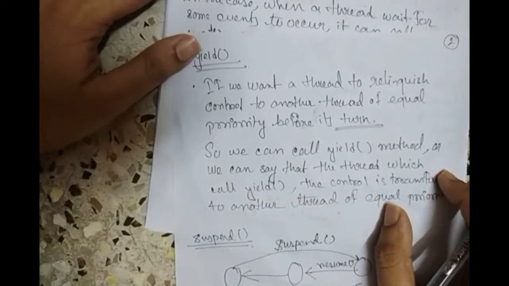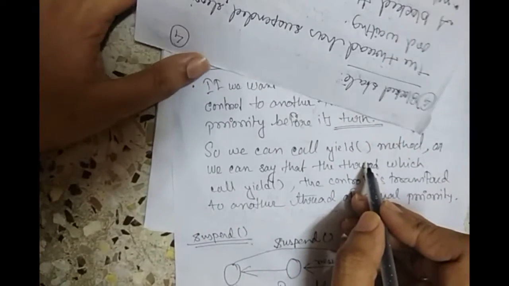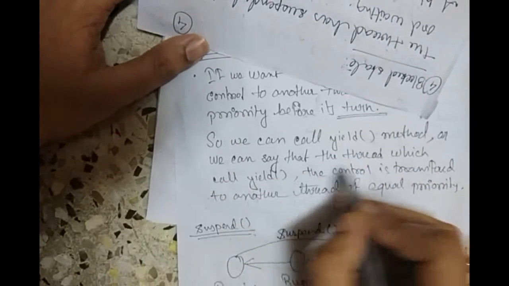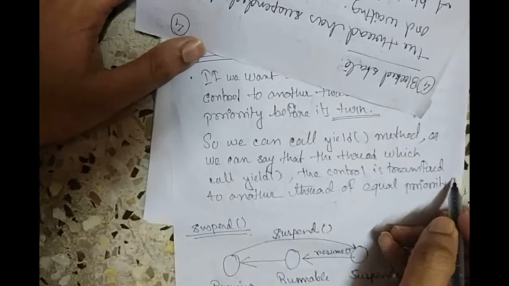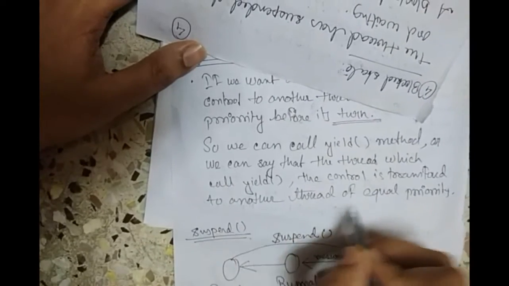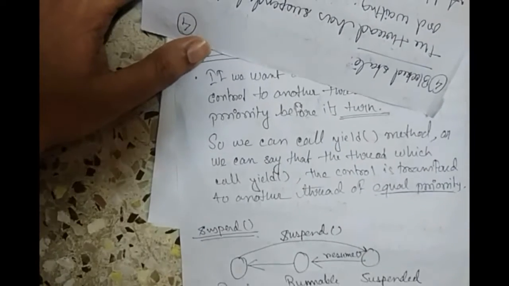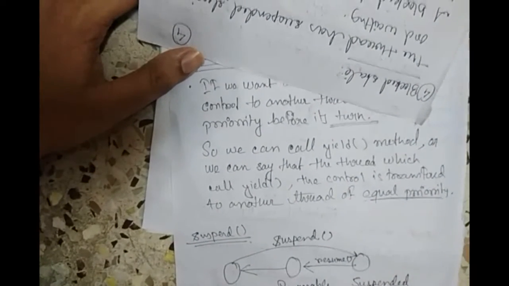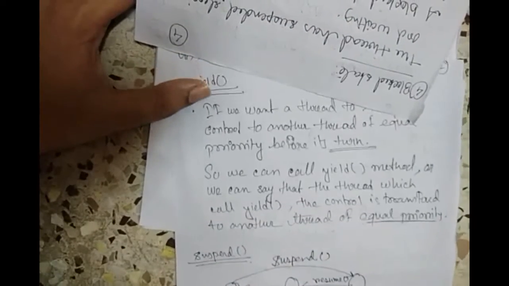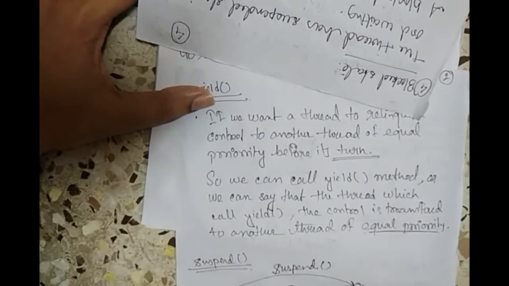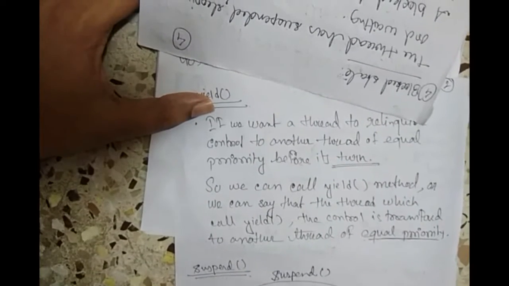So the yield method is used to relinquish the control to another thread of equal priority before its turn.